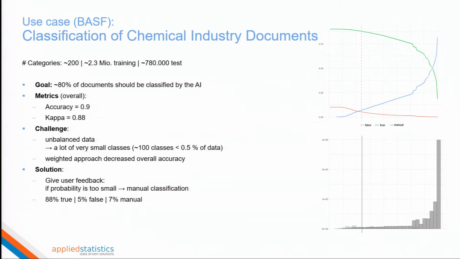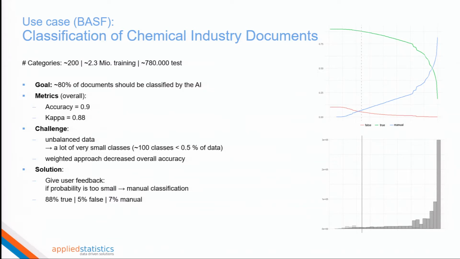And what we finally did, or what we agreed on, was, okay, we're setting the threshold in a way that 88% of the documents are just classified in the right class, according to our test data at least. 5% are still false, because I think you cannot avoid that totally. That's simply not possible. And for 7%, more or less, the user gets the feedback, please look at this document and classify it by hand.